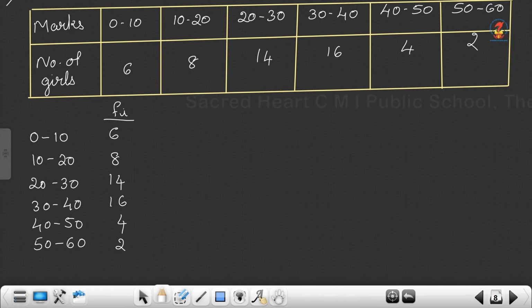For finding median we need cumulative frequency. So 6 plus 8 is 14, 14 plus 14 28, 28 plus 14 44, plus 4 48, plus 2 50. So total frequency is 50. Now how to find the median class?